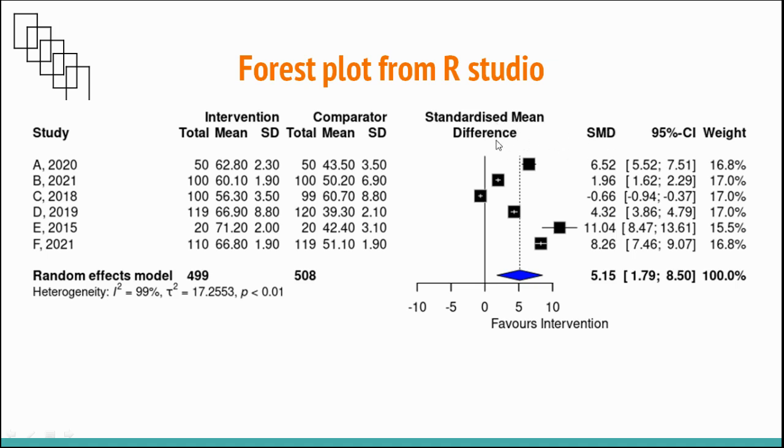Through this, I can say the outcome was at least continuous. And then the interpretations are also very simple: I can say the intervention, which is atorvastatin, improves HDL level by 5.15, maybe milligram per liter, compared to standard of care, which is statistically significant.